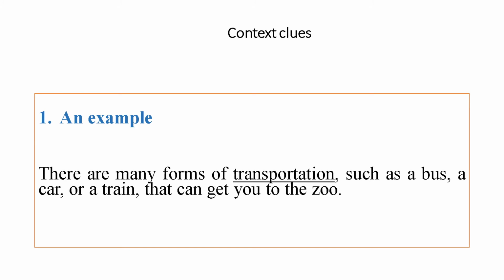Well, here the author lets you know that he is going to give you an example of what transportation is. So, we have a bus, a car, and a train. Now, you may be thinking that transportation means a system for moving people or things.